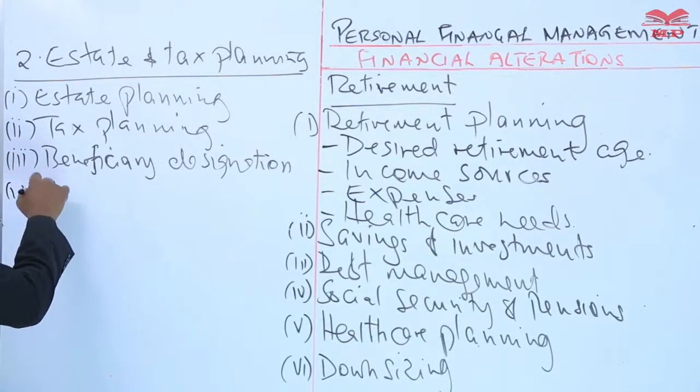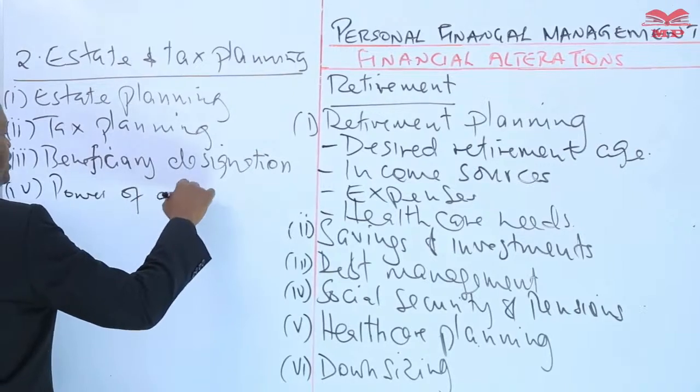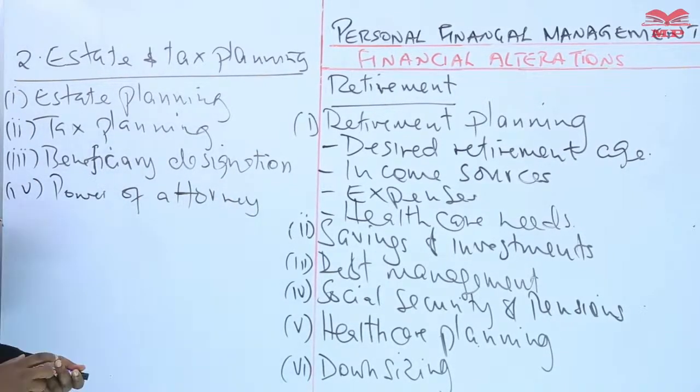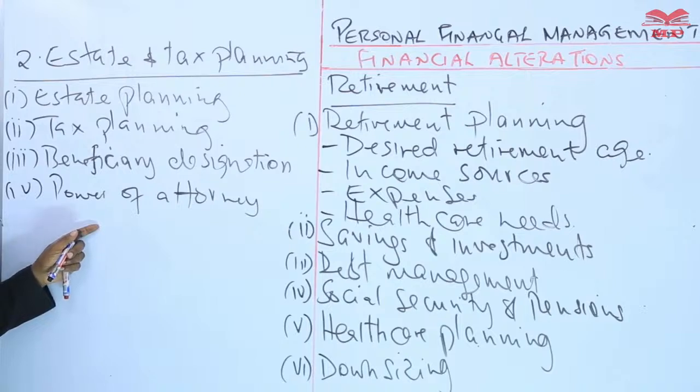4. Power of attorney. An attorney to handle your financial affairs if one may become incapacitated. Because during old age, as we talked about alterations, one may lose memory and may not be able to make financial decisions.